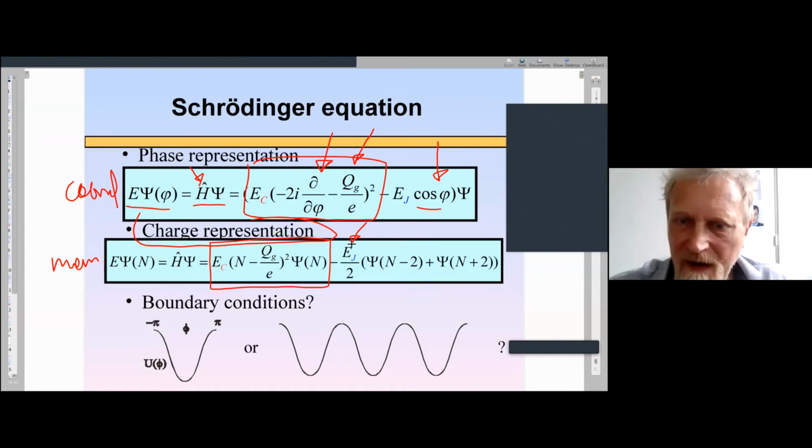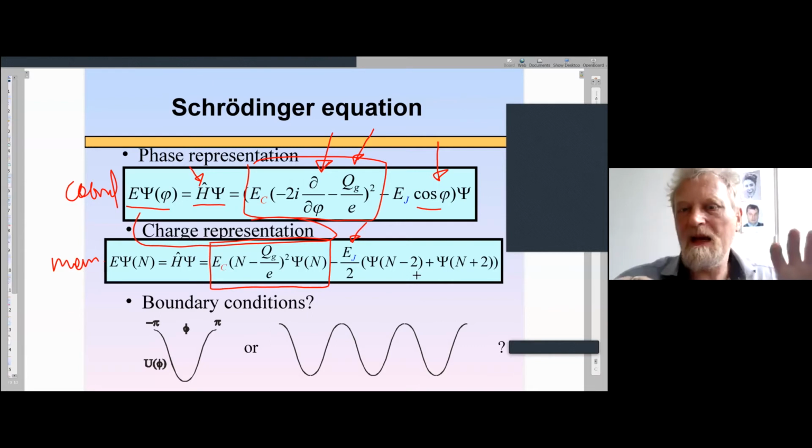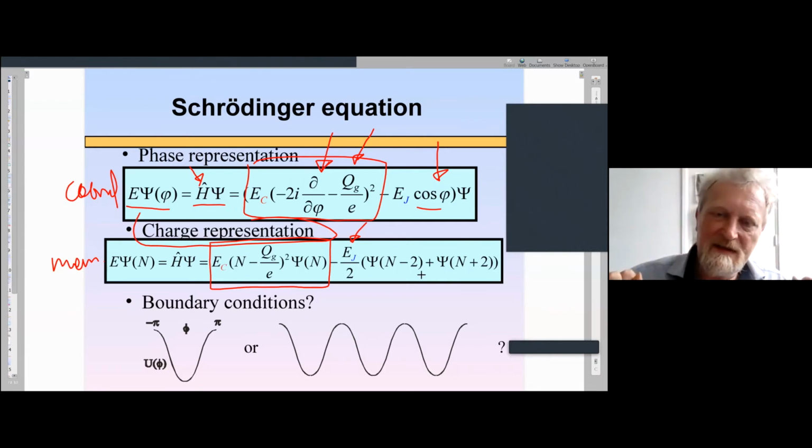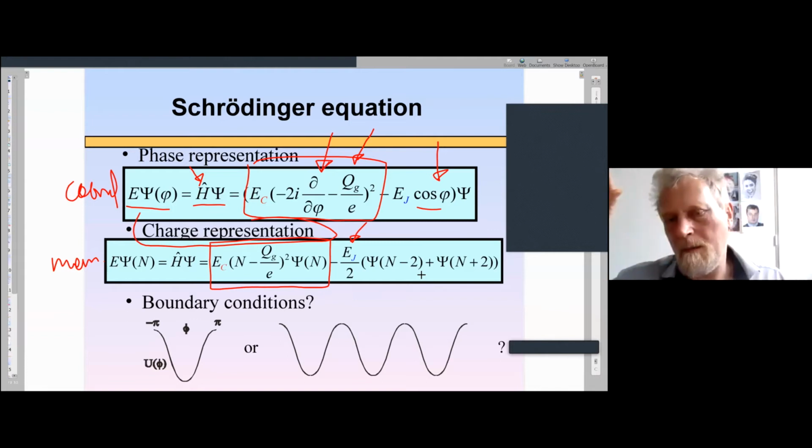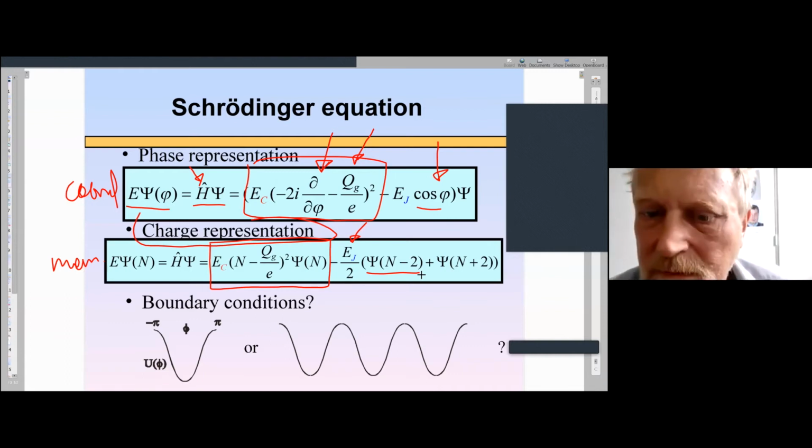It shifts the wave function by either plus or minus 1. So it really describes a quantum coherent transfer of a Cooper pair through the contact, either in one or the opposite direction.